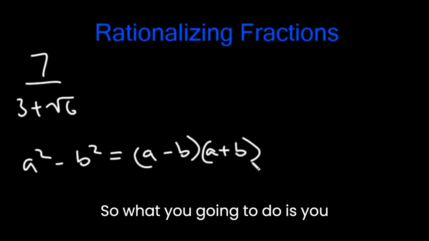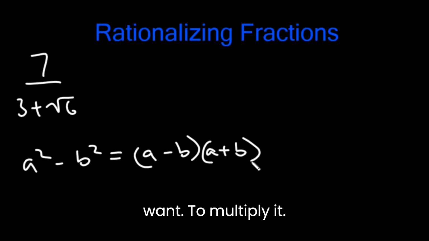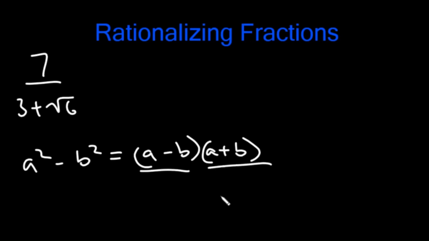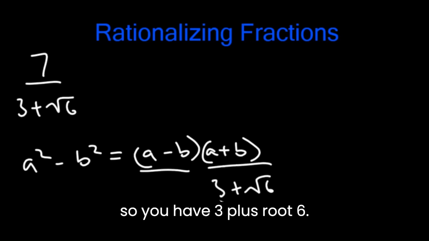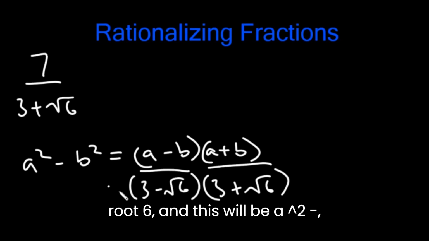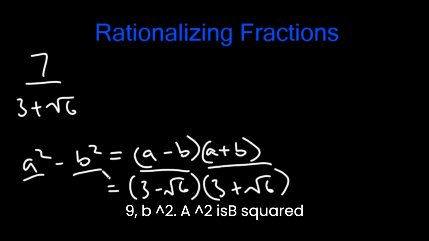So you want to multiply it by a minus b because you have a plus b. So you have 3 plus root 6, and you'll want to multiply by 3 minus root 6, and this will be a squared minus b squared. A squared is 9, b squared is 6.